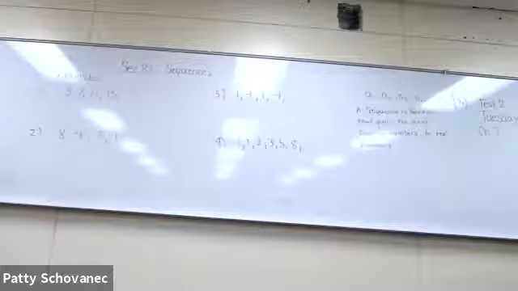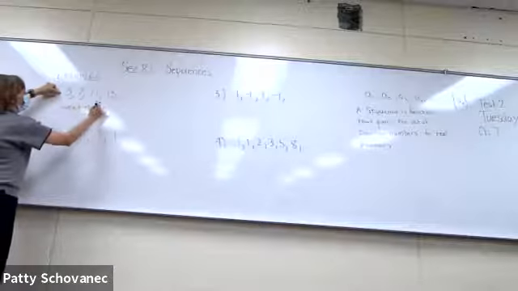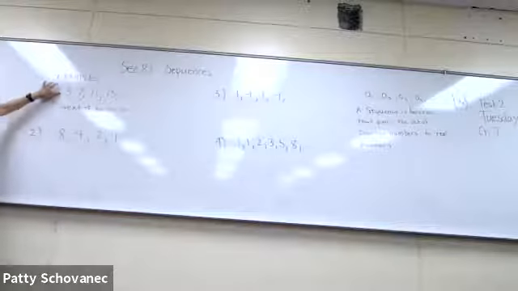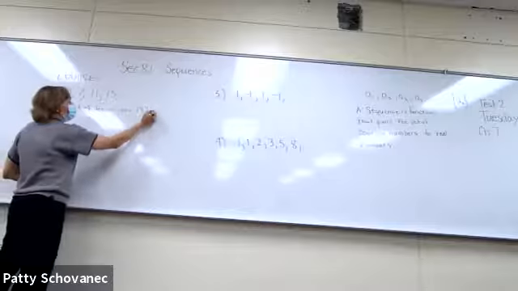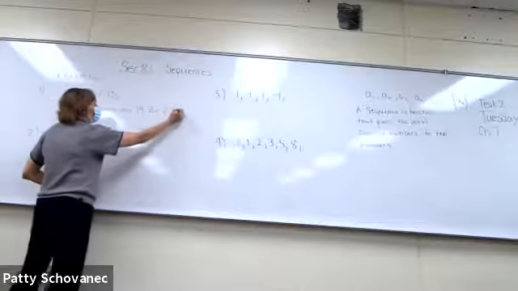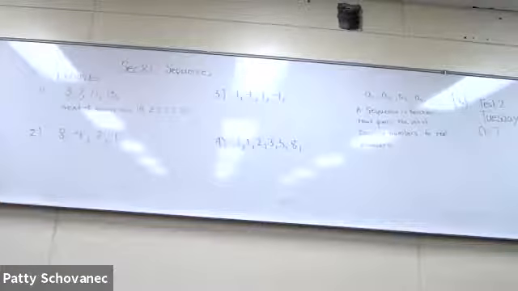Are you able to predict, say, the next 4 terms of each of these patterns that I put up here? What are the next 4 terms here? Because all we're doing each time is we're adding 4 to the previous term to get to the next term.